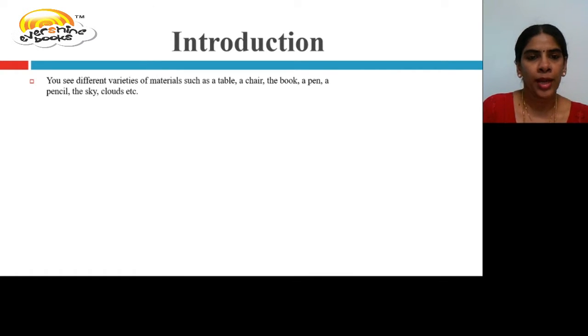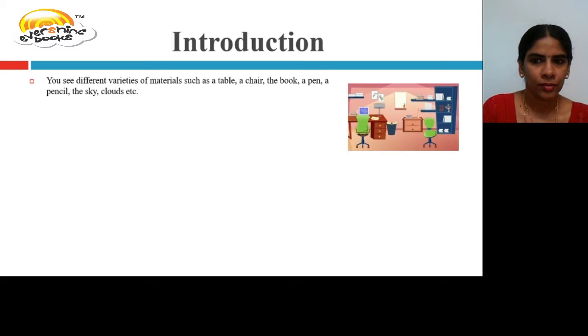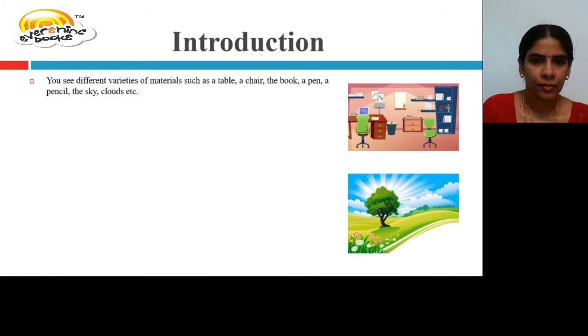You see different varieties of materials such as a table, a chair, a book, a pen, a pencil, the skin, clouds, etc. in your everyday life. How do you classify these objects into groups?